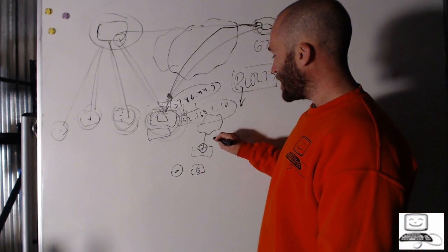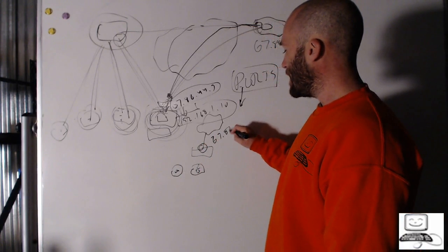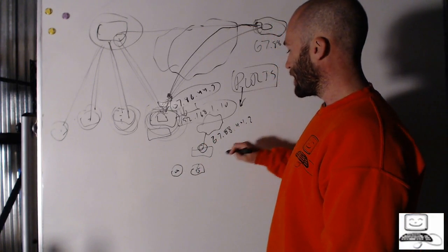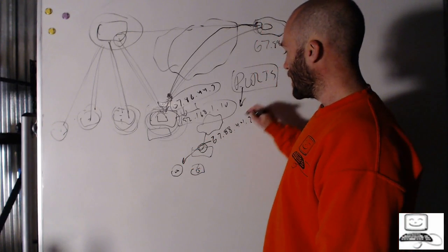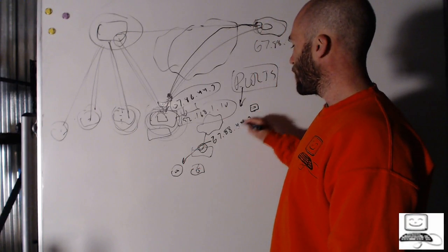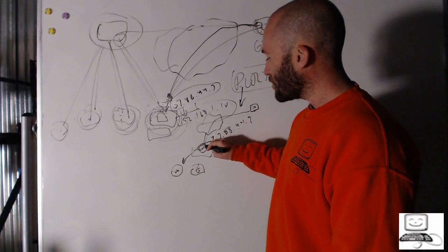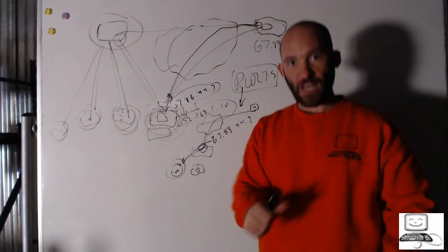So let's say the external IP address is 67.88.44.2, and the port is forwarded to this computer over here. If we are in the outside world, we point to 67.88.44.2, it goes to this router, and this router points us to the server we're going to try to remotely control. And that is going to work.